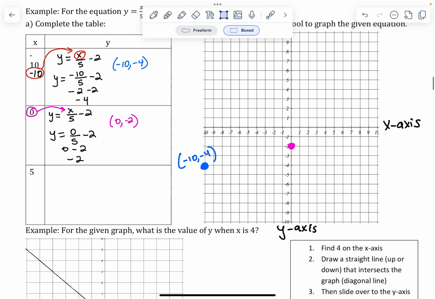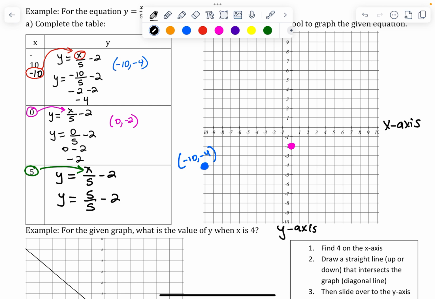Okay, so then the last point, we are going to take this 5 and plug it in for that x. So we get y equals 5 over 5 minus 2, which gives us 1 minus 2, which equals negative 1. So now we have the point x was 5 and y was negative 1.